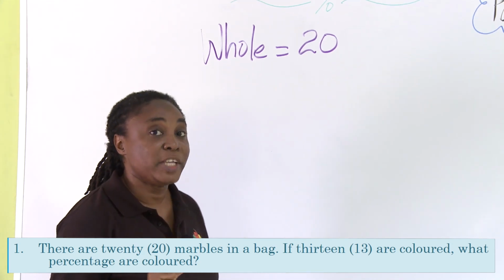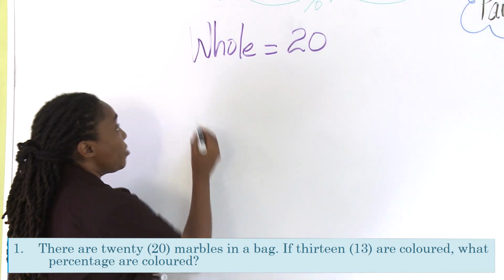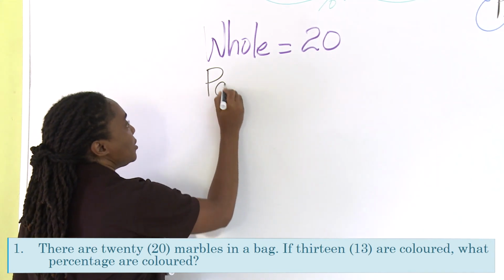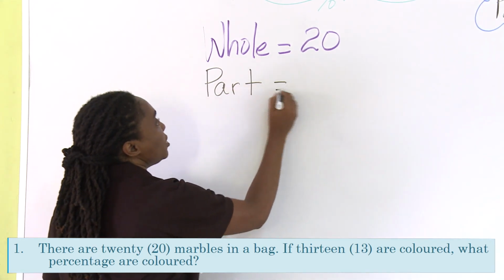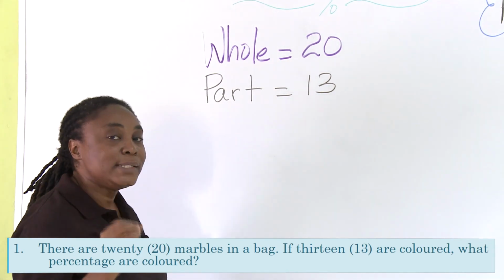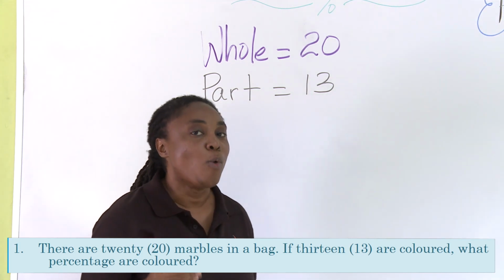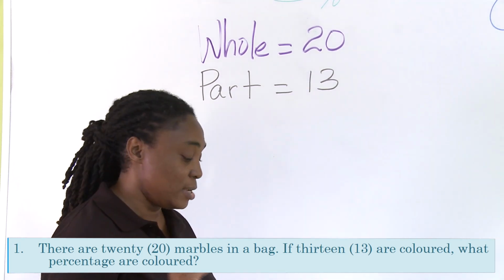We're then given the information that 13 of the marbles are colored. So that will represent our part. Our part is equal to 13. Out of a bag of 20 marbles, 13 are colored. The question: what percentage are colored?